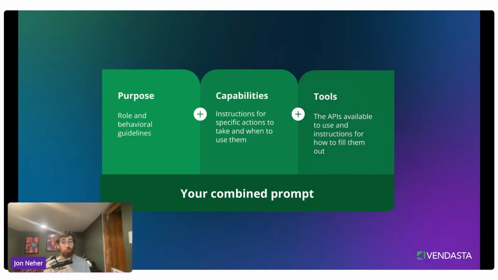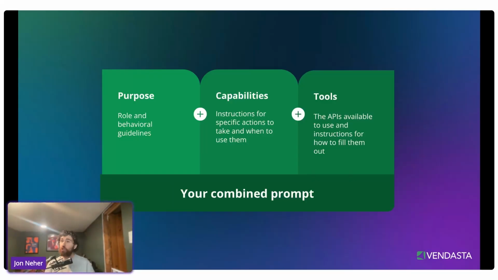And then there's tools, which are the APIs available to use and instructions on how to use those APIs. All three of those things go together to create a combined prompt that's sent to an LLM. And that can end up being a pretty large amount of text.